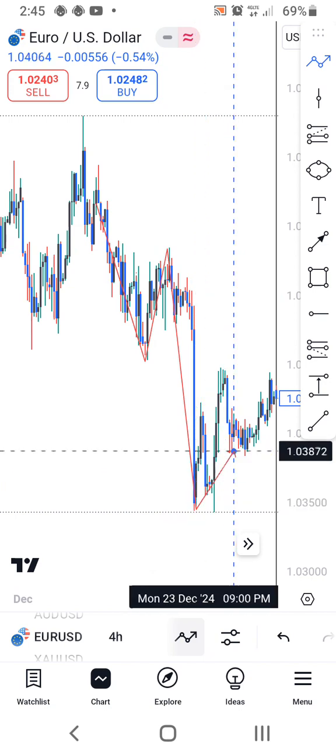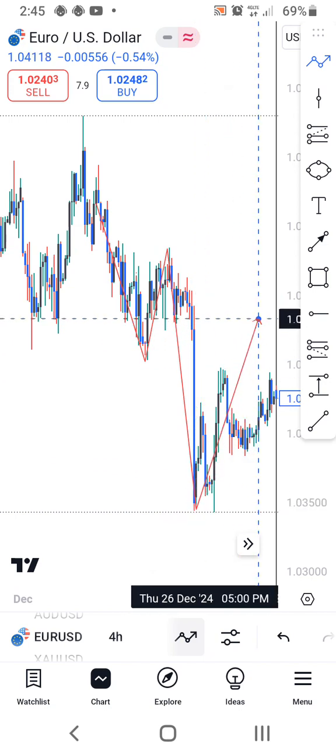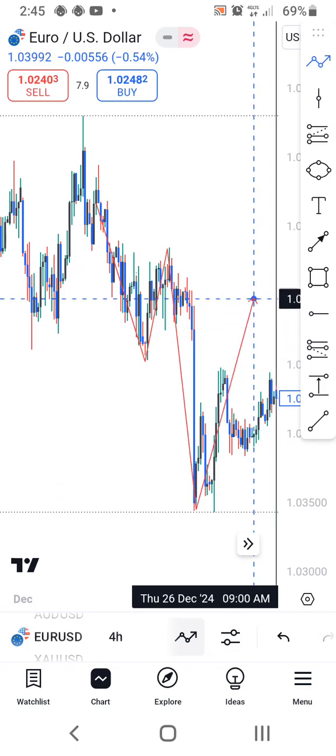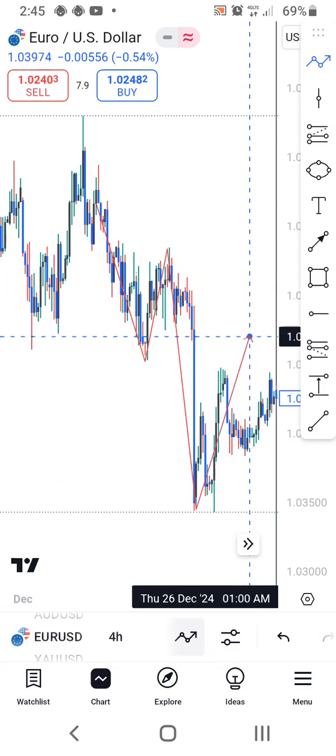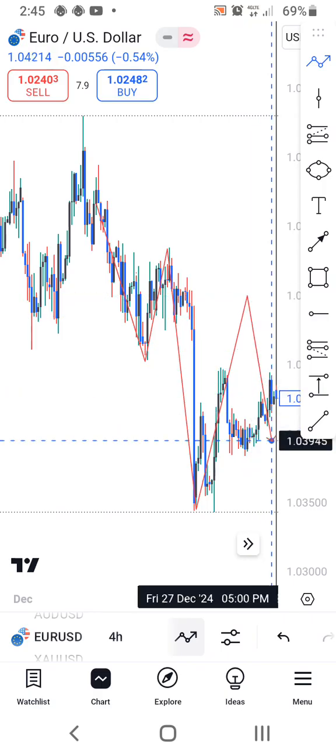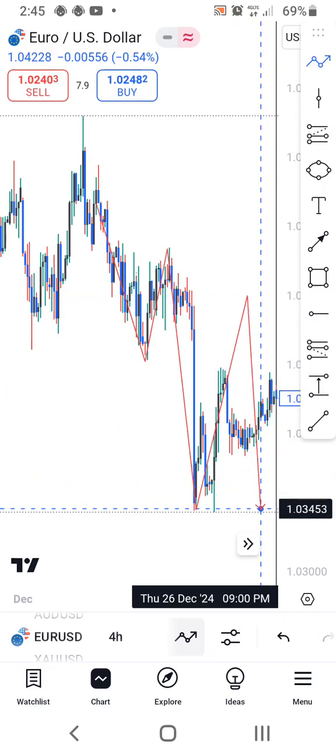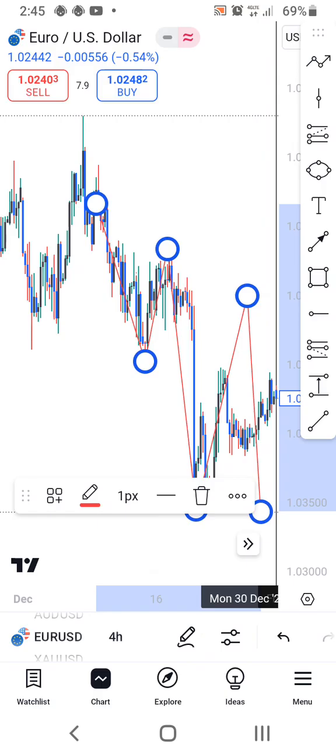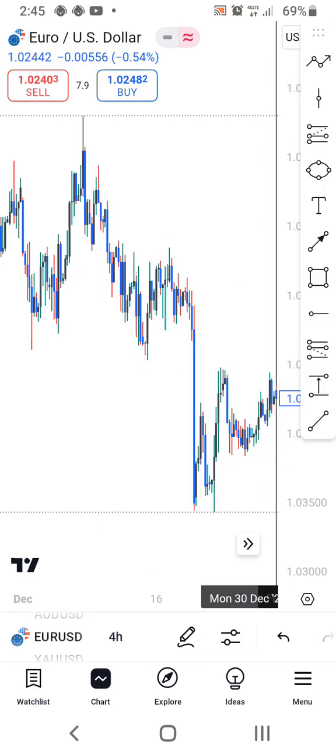Meaning we have to come back here and get entries in these points, in these areas, as we did in our previous video. We take the entries and still sell down to these lows. Simple as that. So we have our VV of H4 before the week we are going to trade.